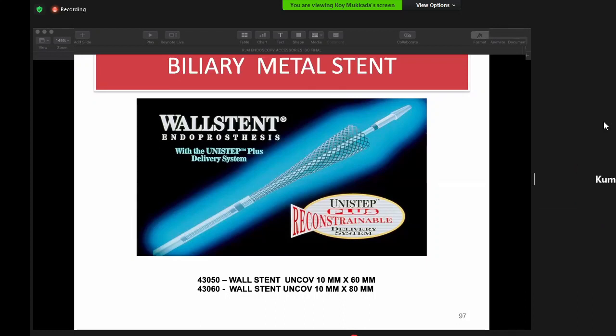Any complication when you use a fully covered metallic stent? Migration will be the most common complication. Yes. And cystic duct obstruction causing cholecystitis. How do you circumvent that?